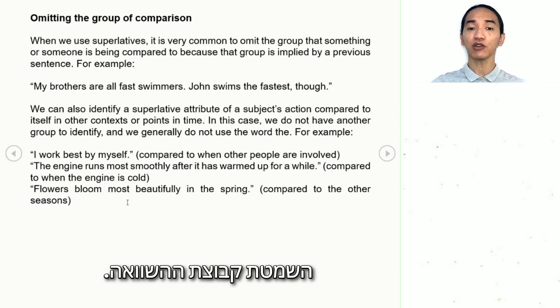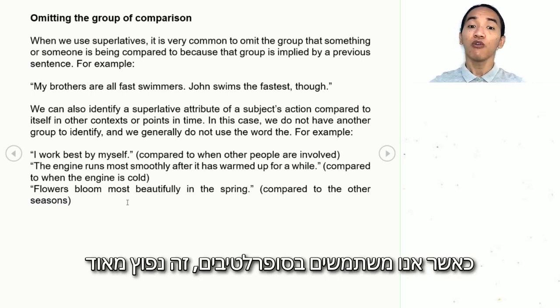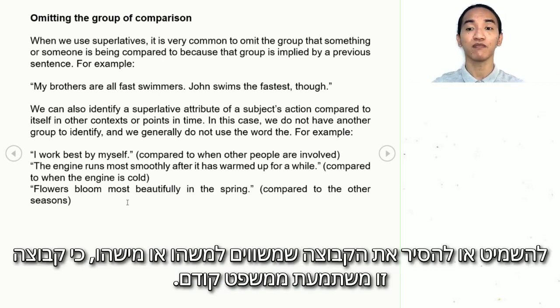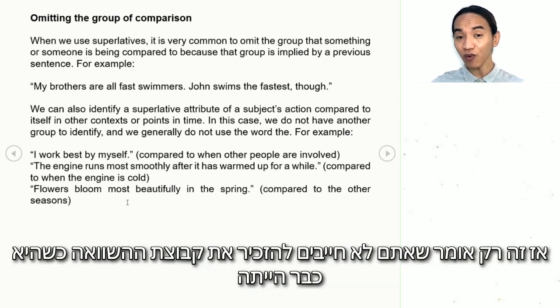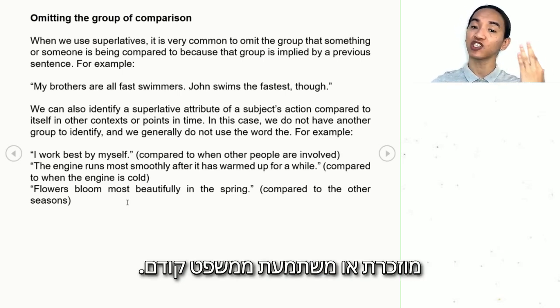Okay, next one. So, omitting the group of comparison. When we use superlatives, it is very common to omit, or remove, the group that something or someone is being compared to because that group is implied by a previous sentence. So it only means that you don't have to mention the group of comparison when it was already mentioned or implied from a previous sentence.